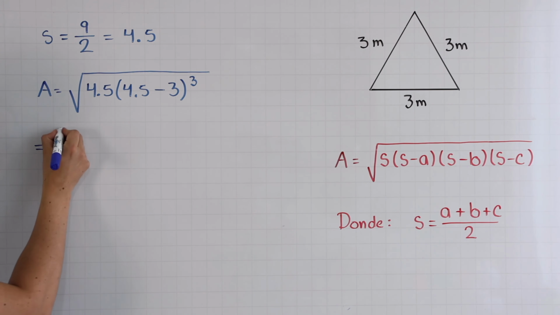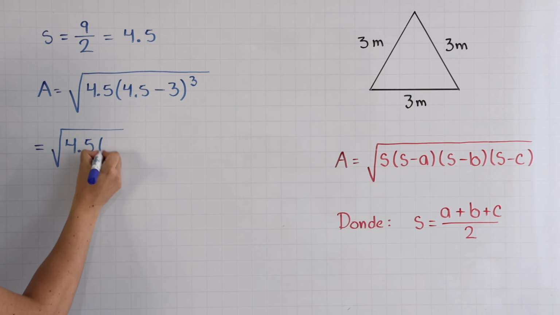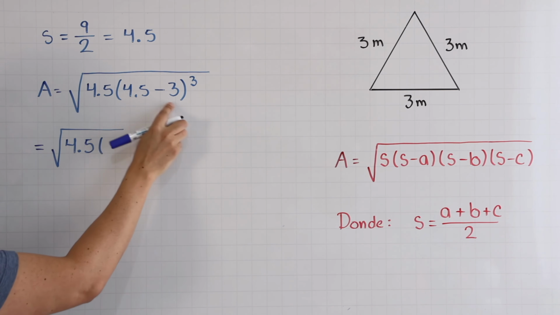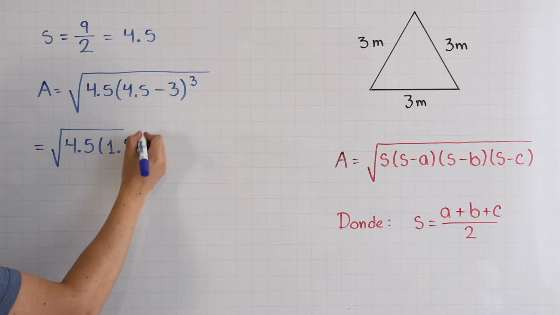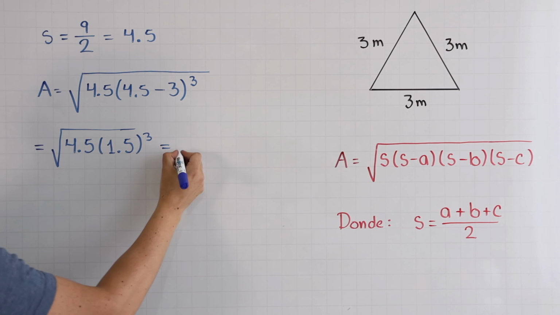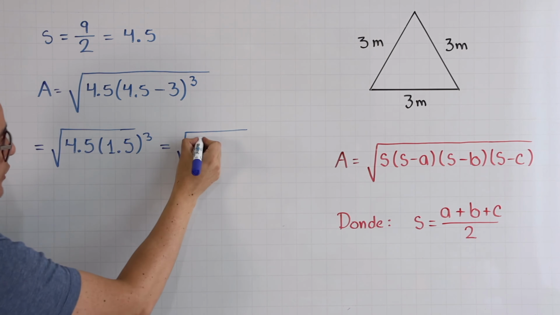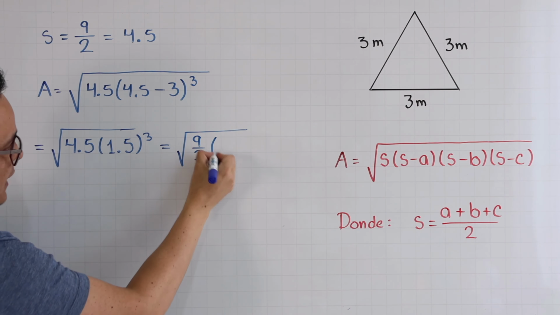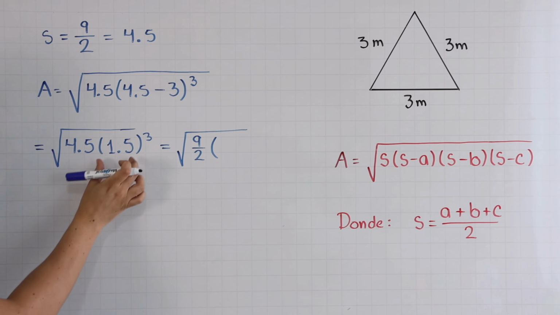So I end up with this being equal to the square root of 4.5 times 4.5 minus 3, which is equal to 1.5. And now, this is raised to the third power. Let me convert it to a fraction now, so I can work a little more comfortably. I'm going to write 4.5 as 9 over 2, and we're going to multiply this by 1.5 raised to the third power. 1.5 is the same as 3 over 2, right?